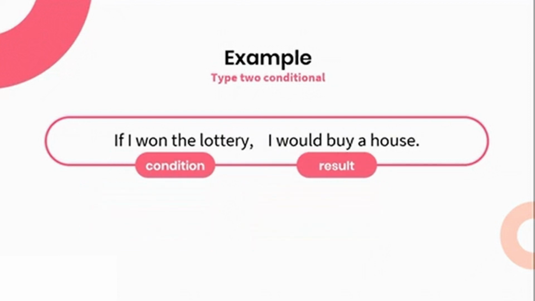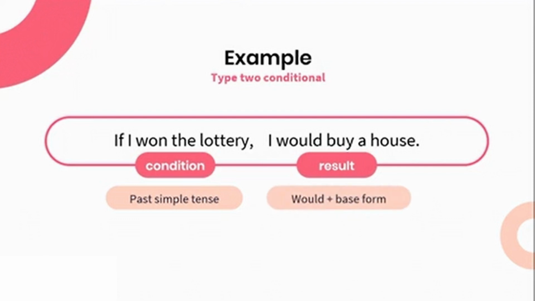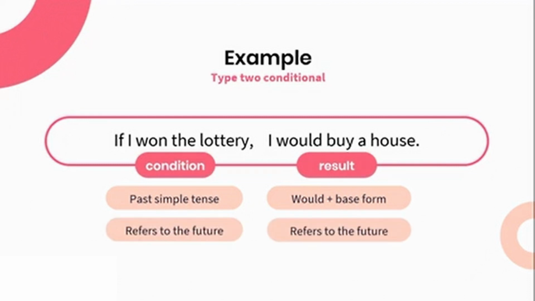Now let's look at the type 2 conditional. If I won the lottery, I would buy a house. The condition is in past simple tense. The result is in the form would plus the base form of the verb. But to what times do they refer? The condition refers to the future, and so does the result.